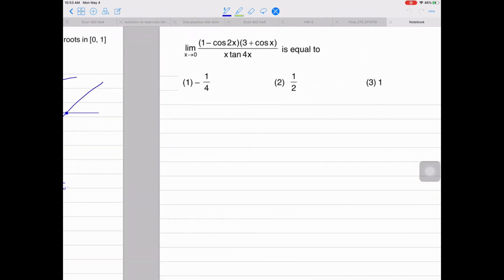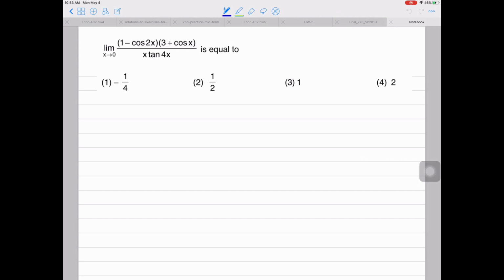Let's move on to the next question. So here we need to solve the limit of a given trigonometric function. So let's get some trigonometric identities to solve this. We know that 1 minus cosine of 2x is 2 sine square x.